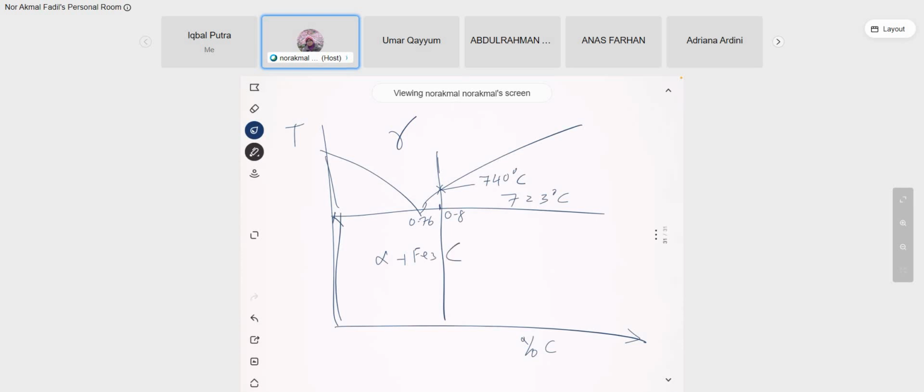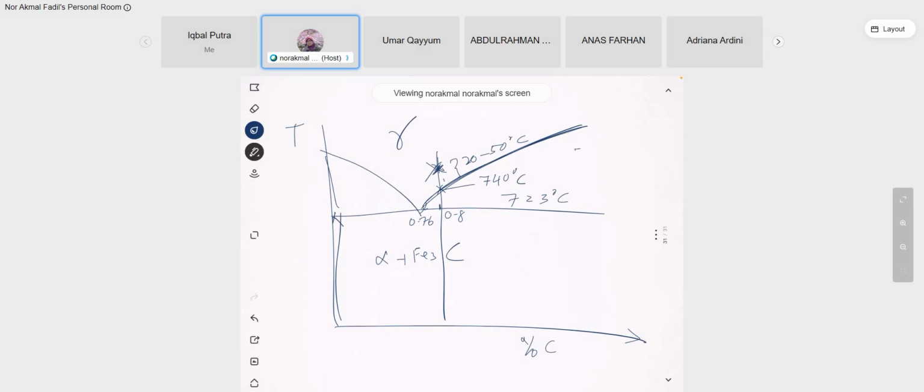Now you want to ensure that it is 100% transformed into austenite. So you need to choose a temperature 20 to 50 degrees Celsius above this line.